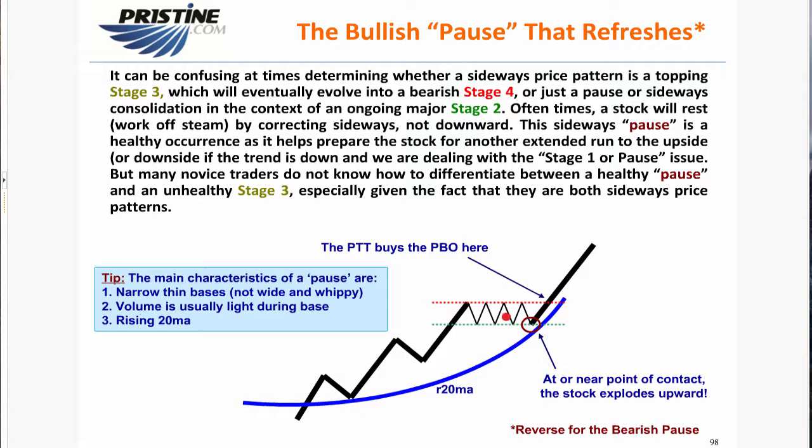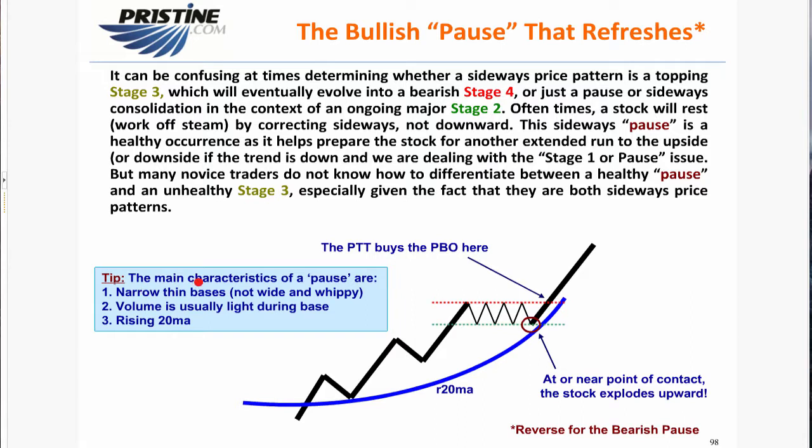At the end of the day, the bottom line is that when price is going sideways, you don't really know whether it's a pause or a stage 3 or 1, depending on the trend, until after the fact. However, we do have certain characteristics that we look for to determine whether it is more likely a pause versus, say, a stage 3.